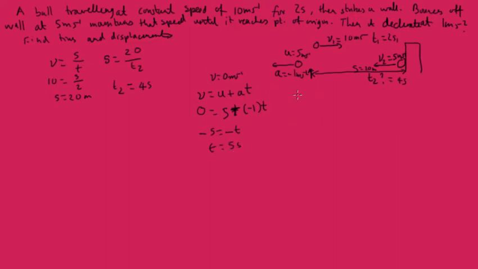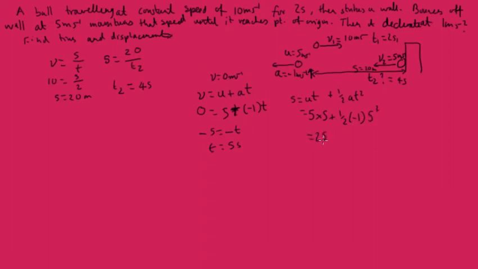And then we're going to use s equals ut plus a half a t squared to work out the displacement. How far does it go? So our initial velocity was 5, the time is 5, plus a half -1, and t was 5 squared.